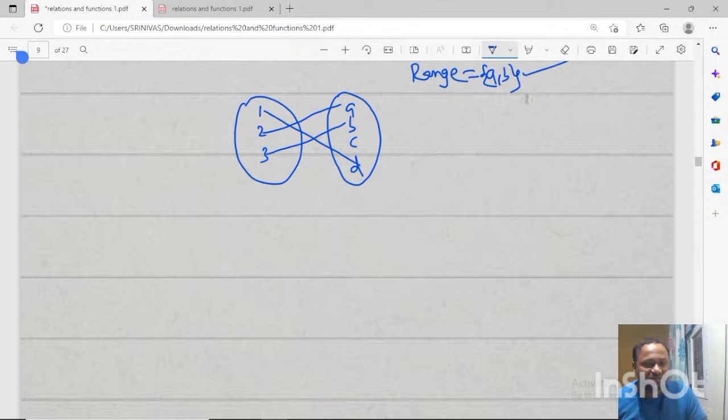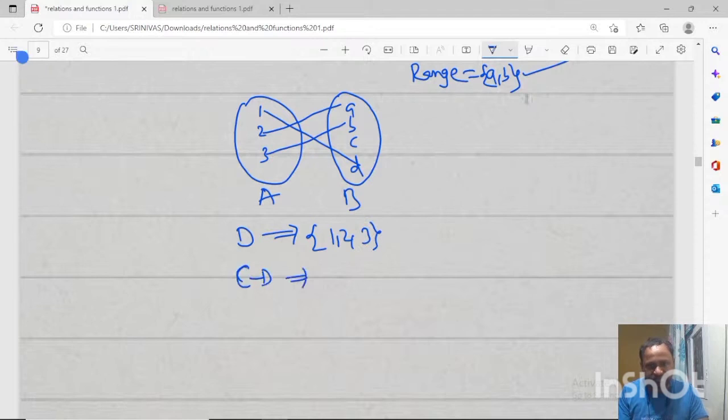First of all, is it a function? Yes, it is a function because every element in A has a unique image. 1 has, 2 has, 3 has. Okay? So here domain is 1, 2, 3.